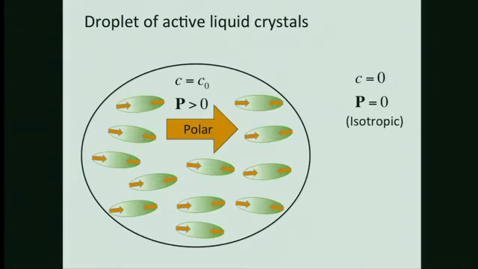So our model is quite simple. We just have a droplet of active liquid crystal. So you can imagine a droplet of many forced dipoles, and also because they are rod shaped, they have an orientational order.